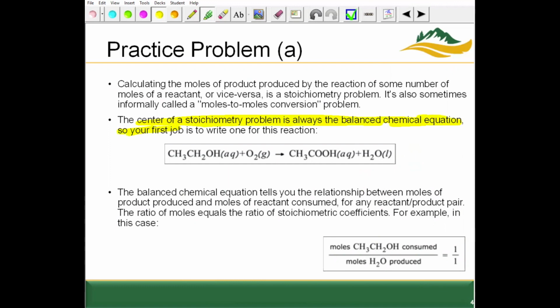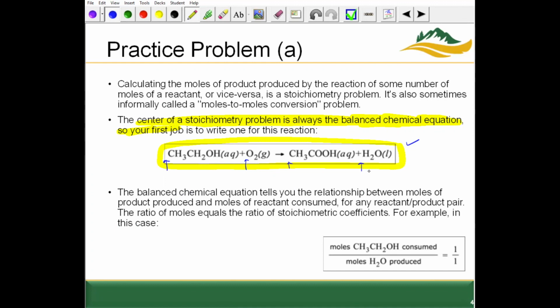So be sure you're very comfortable with balancing chemical reactions, especially for these stoichiometry style problems. What's super helpful about these balanced chemical equations is they tell us the mole-to-mole ratios between the substances in the reaction. So this was introduced previously in chapter 3.